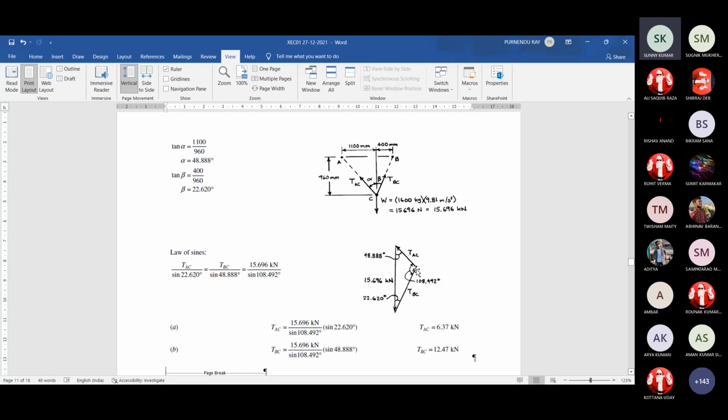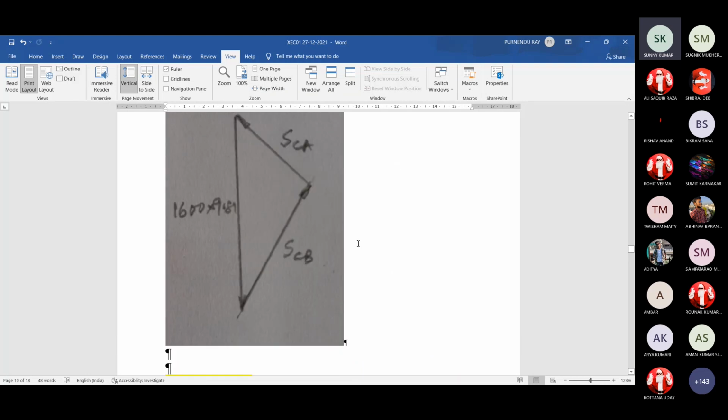Along this direction, there should be one line whose length should be proportional to the force TBC, and this should be proportional to force TAC. But we do not know the exact location. So what we do, we somehow select a location corresponding to these two directions.